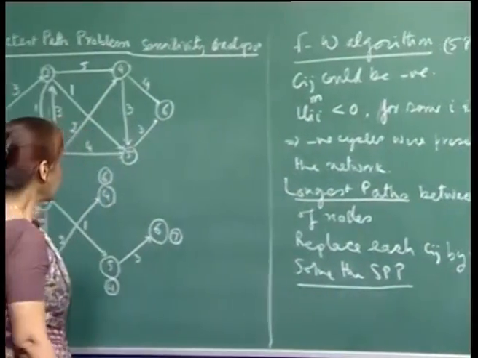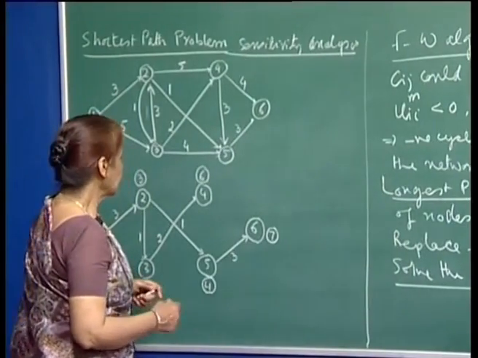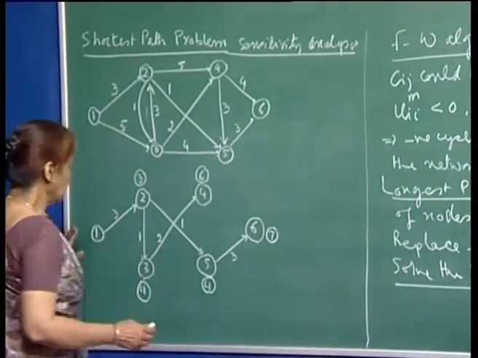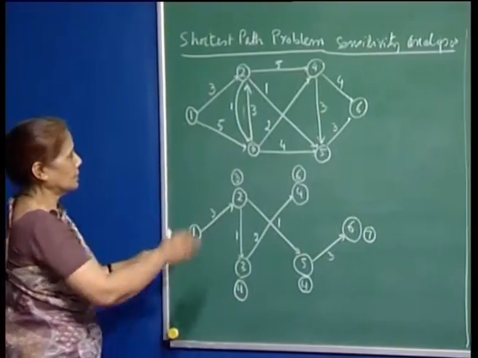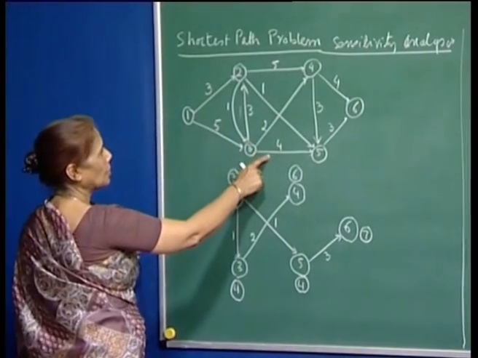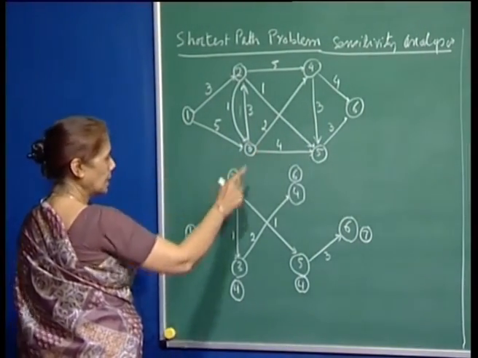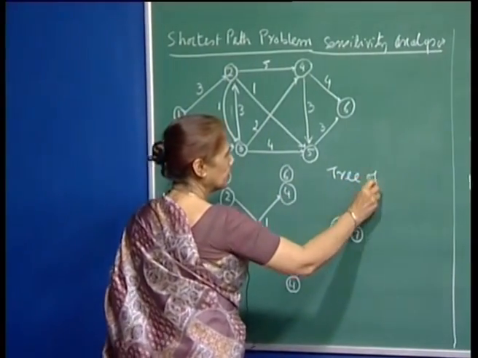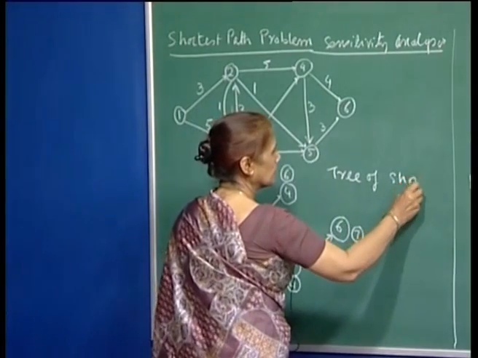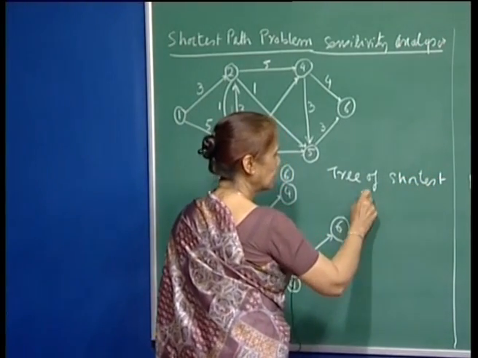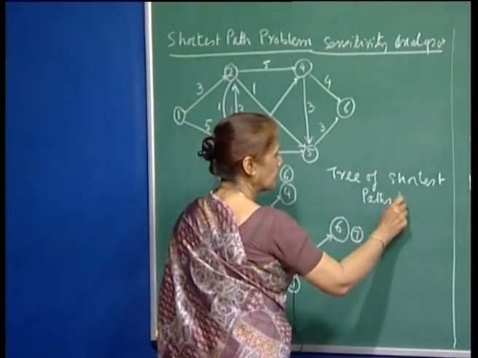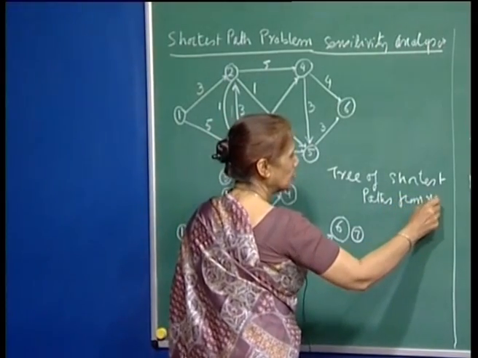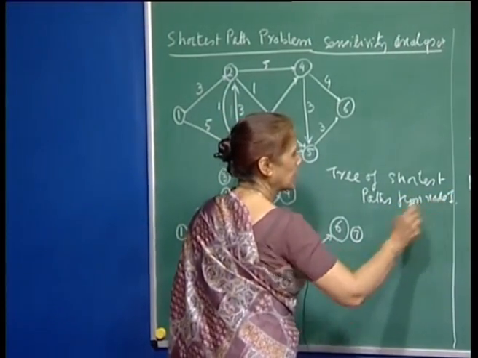So, here for example, we had some time ago discussed this shortest path problem, and this was your tree of shortest paths, right. We had computed this from node 1, right.